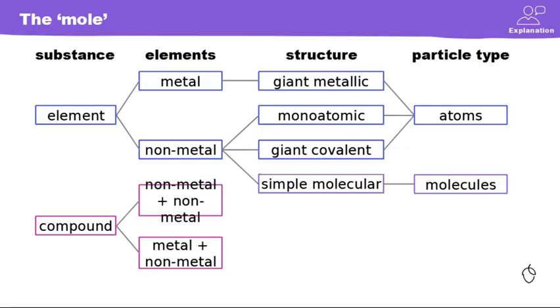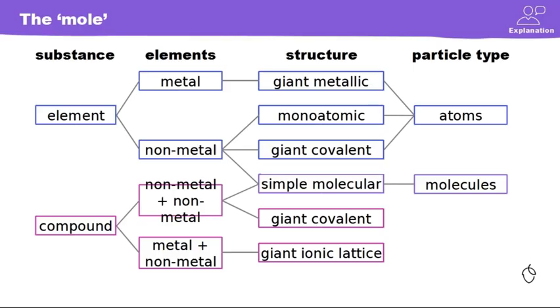Compounds can be non-metal and non-metal, or metal and non-metal. The non-metal and non-metal can be simple molecules and also giant covalent, and the metal and non-metal can be giant ionic lattice. These particle types could be formula units.